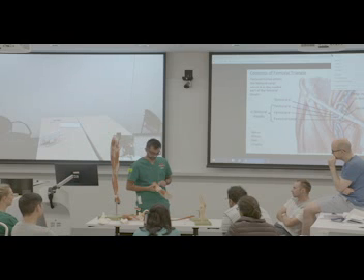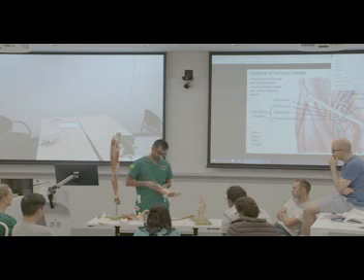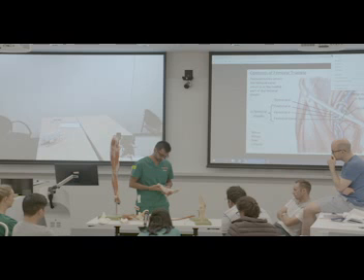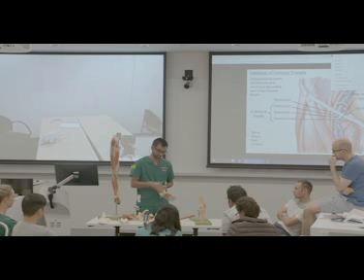I always remembered it, or got taught it, with that saying: Tom, Dick, and Harry. So we're talking about the posterior compartment, the deep posterior compartment, and how it gets to the foot.